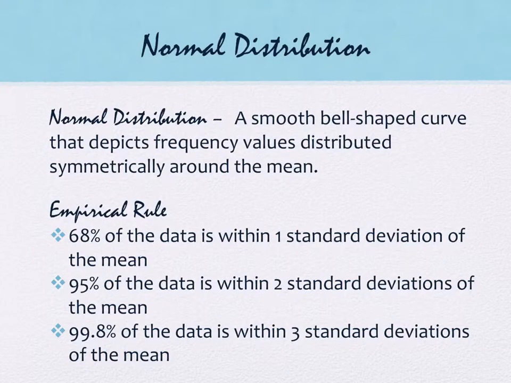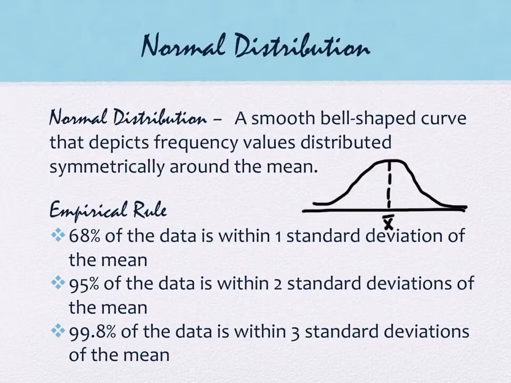A normal distribution is a smooth bell-shaped curve that depicts frequency values distributed symmetrically around the mean. So it looks like this. And right in the middle here is the mean, I'll write it in as x bar. So there's symmetry around the mean when things are normally distributed.